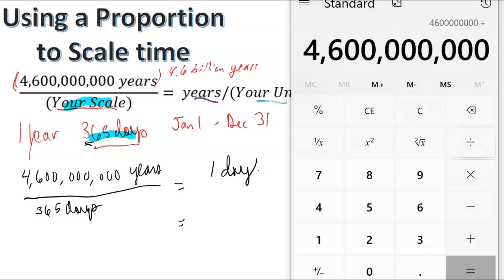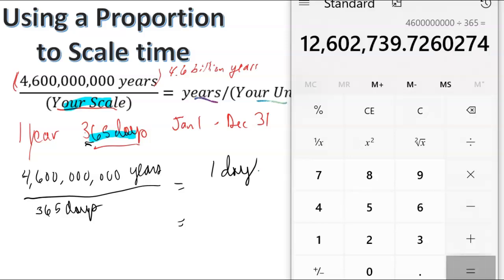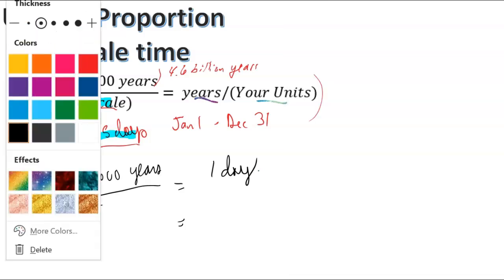We're going to divide that value by my 365, just like I see in my equation here. We hit the equal sign, and there we have it. The amount that we're looking at here is 12.6 million years per day. We can ignore all the decimals because we're talking about big numbers anyways.